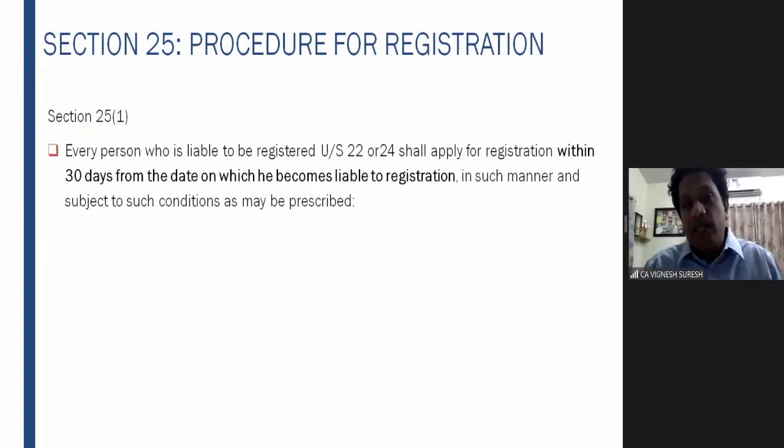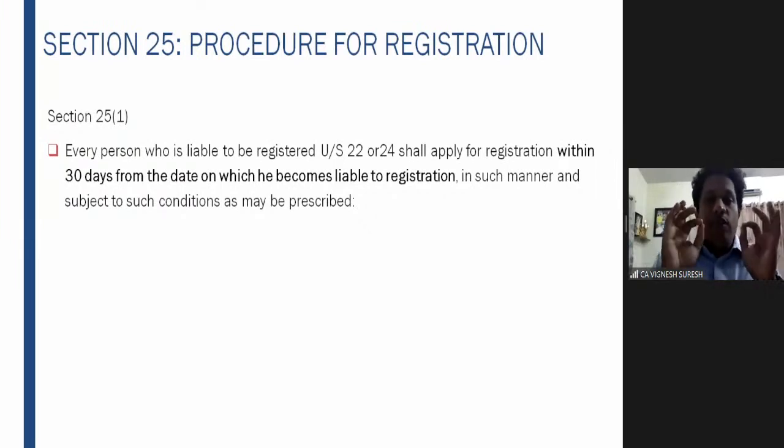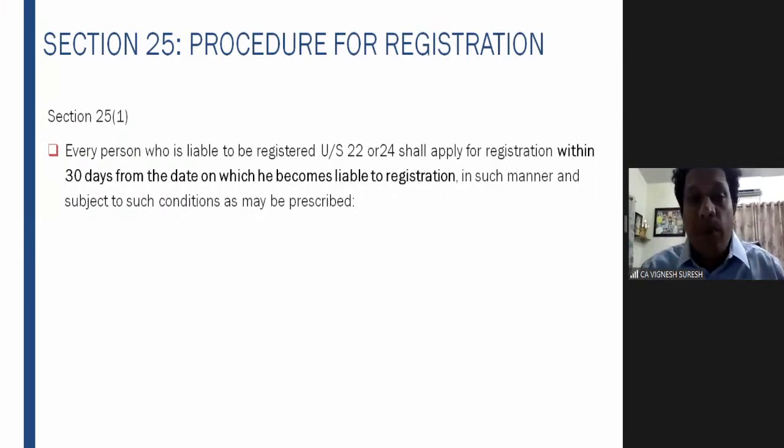When we look at section 22, the date on which he becomes liable to registration is the date on which the turnover crosses the respective threshold limit. That is the date which we have to consider. So within 30 days from that particular date, he has to apply for the registration in such manner and subject to such conditions as may be prescribed.